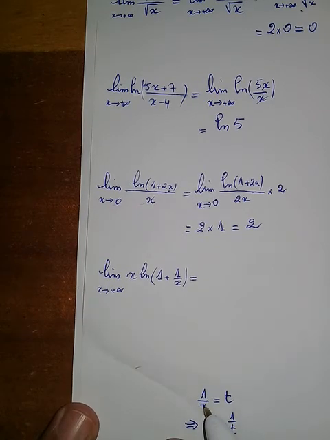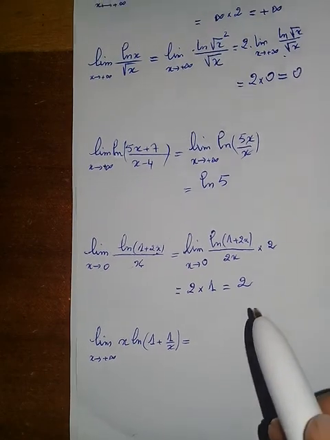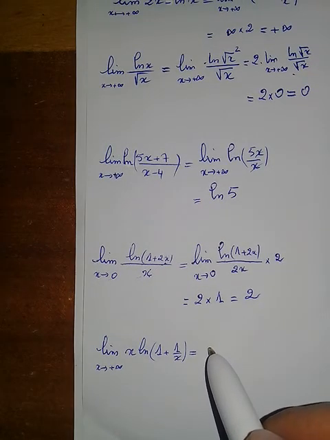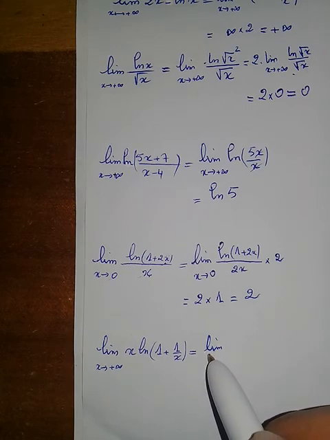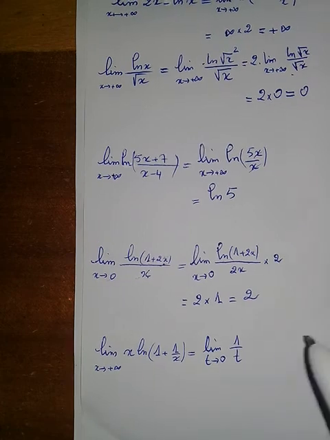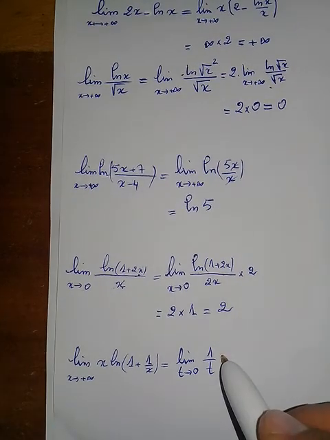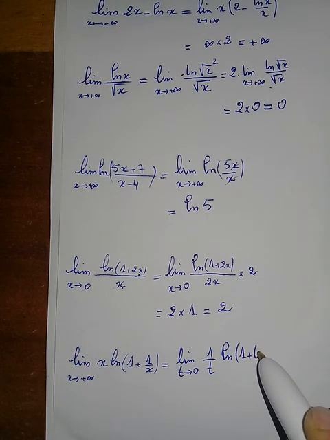When x goes to infinity, t goes to 0. So we get the limit as t goes to 0 of 1 over t times ln(1 plus t).